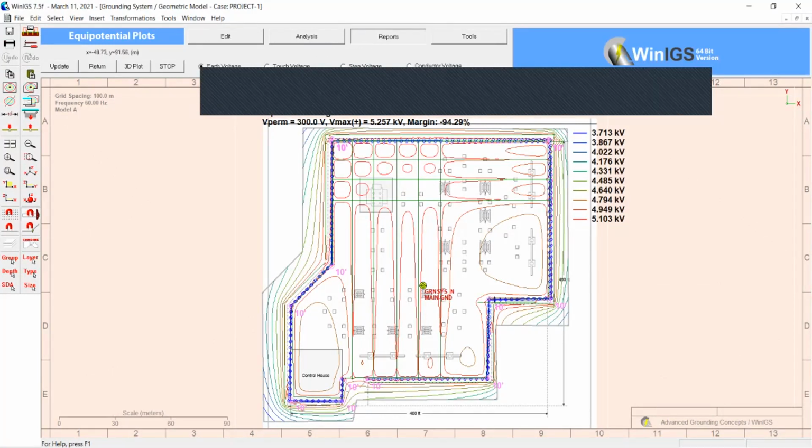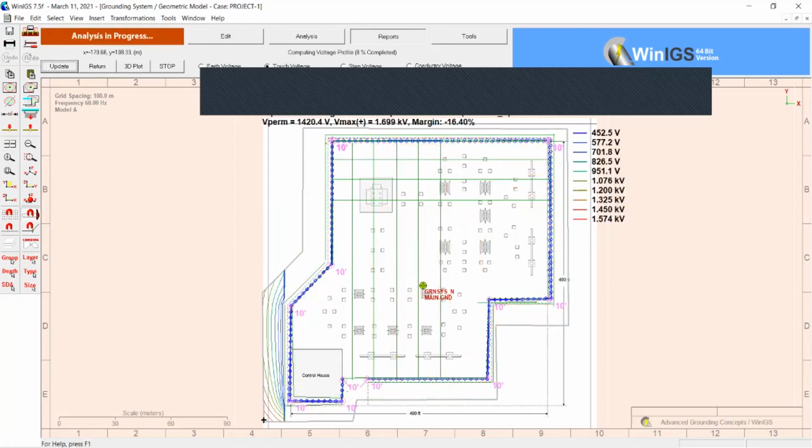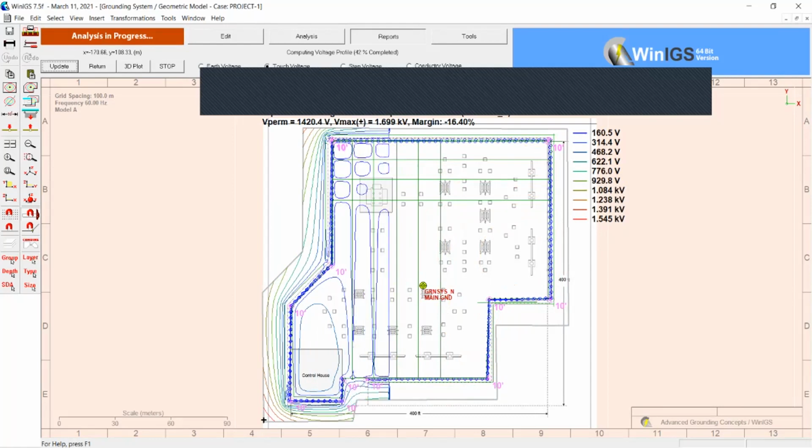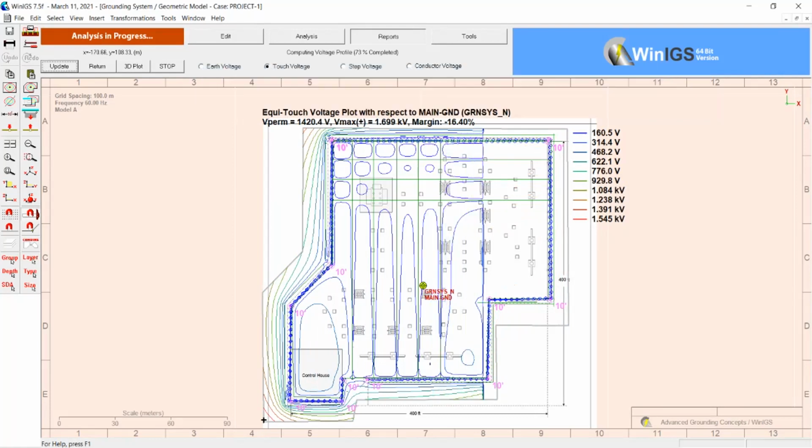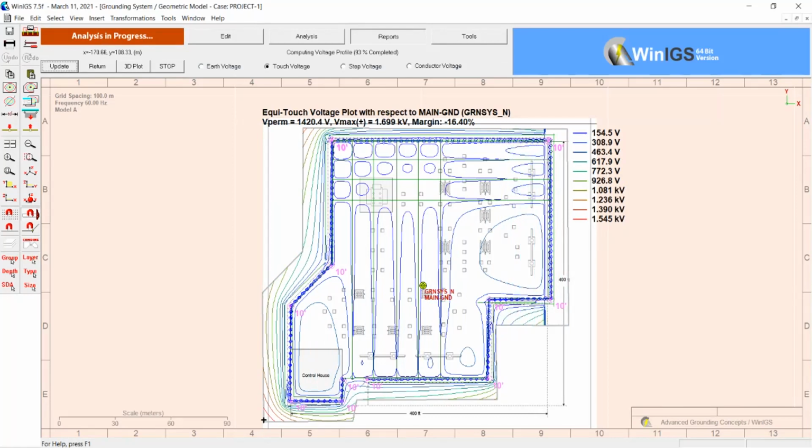Now the main thing is touch and step voltage. You click on this touch one. Select this one and update, then it will calculate your touch voltage. It takes a little bit of time because there is a lot of calculation.